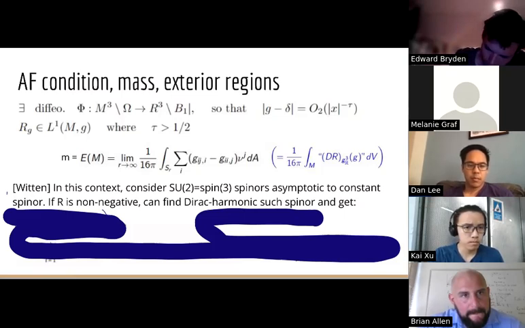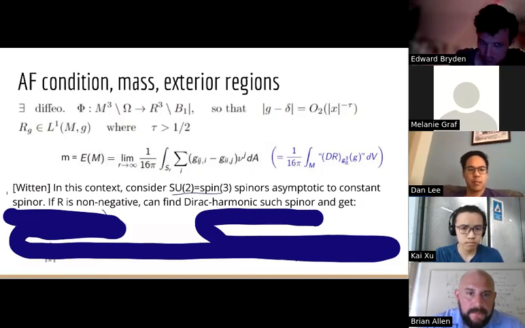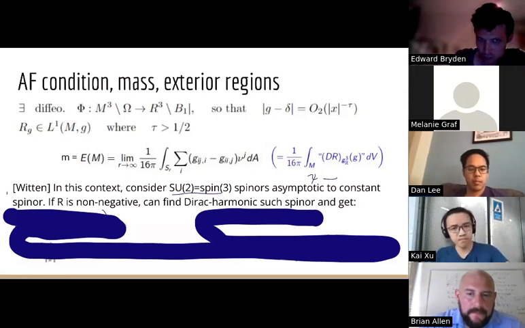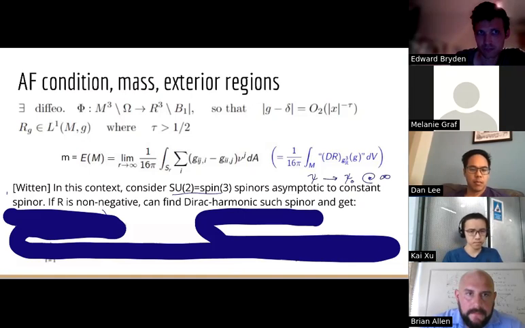And what he did was, he studied some spinors. The simplest ones would be SU(2) spinors on a 3-manifold, that's spin 3. And he looks at these spinors, which are asymptotic to some constant spinor at infinity as you travel far away to the end of Euclidean space in the asymptotic chart.